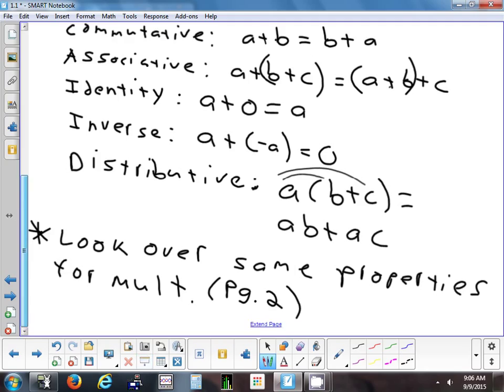They have the same properties in your book on page 2 for multiplication. We already went through the identity. It'd be A times 1 equals A. The commutative property for multiplication would be A times B equals B times A. 2 times 5 equals 5 times 2. So it's the same properties, just with multiplication.